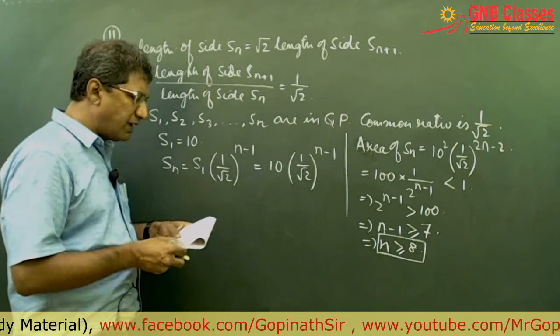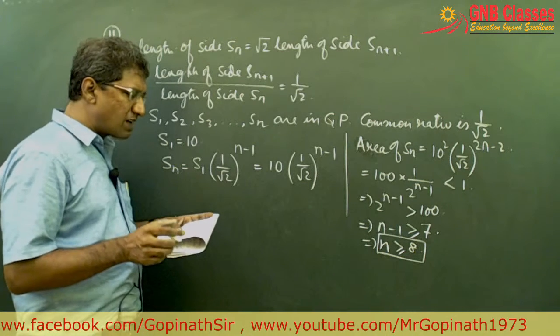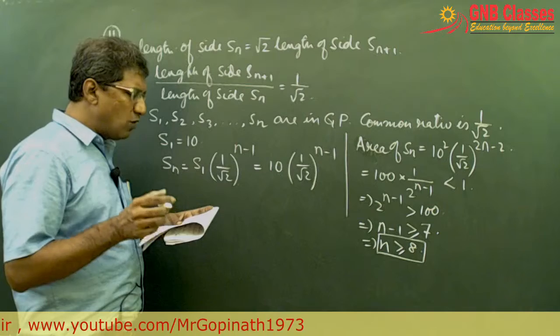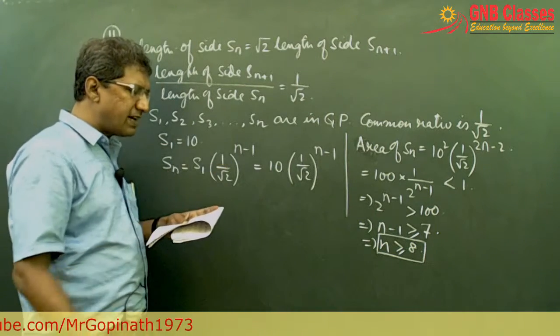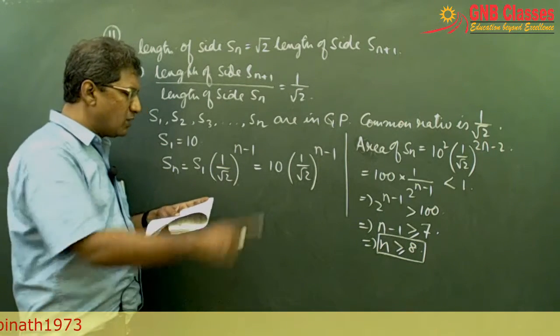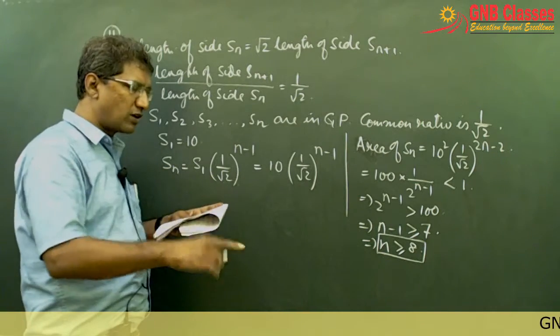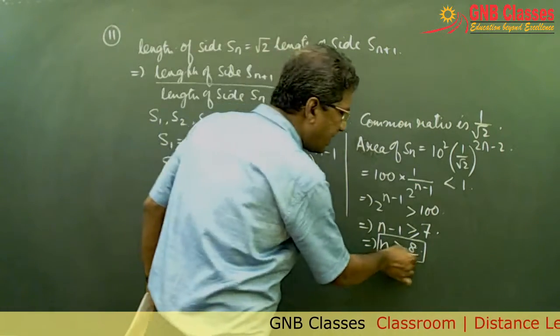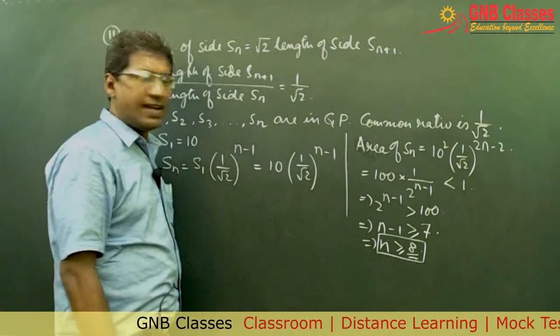Okay, so now from the given options, they have asked us to find the value of n for which the area of Sn is less than 1 square centimeter. 7 is not correct, 6 is not correct because all those values are less than 8. Therefore, your n will be equal to 8.